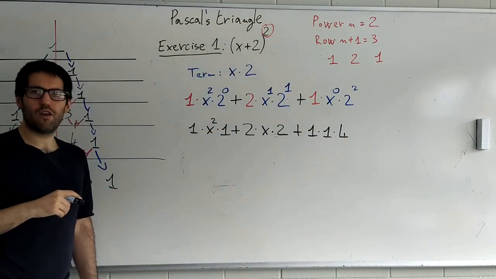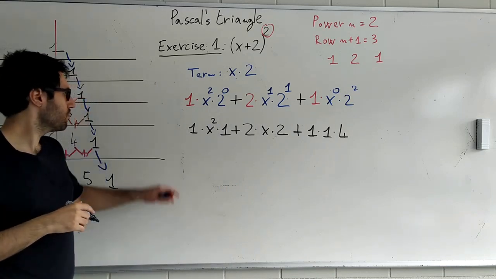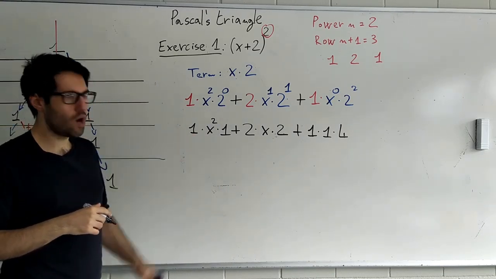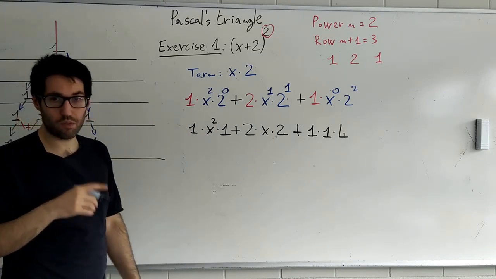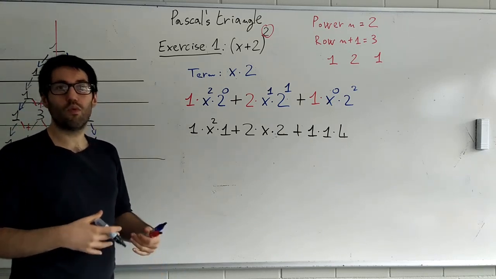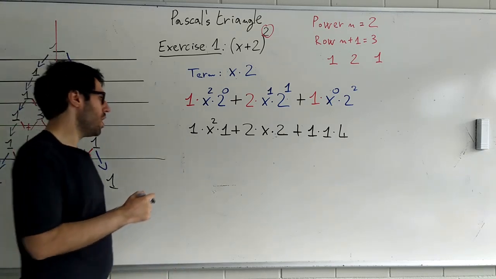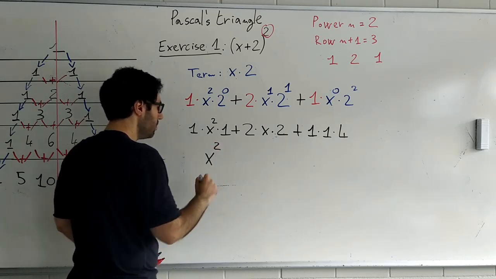Okay, we are only left with some easy multiplications. Let's do them. So 1 times x to the power of 2 is of course x to the power of 2, multiplied with 1 is again x to the power of 2. So nothing too complicated, I hope.